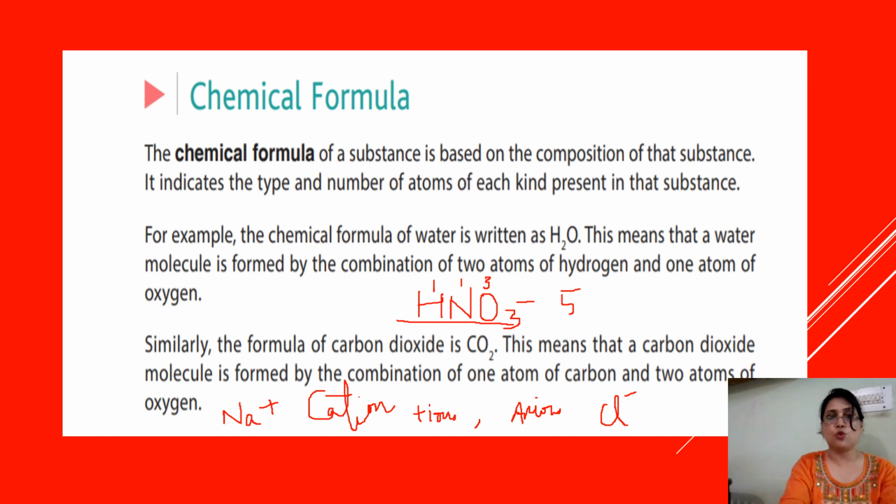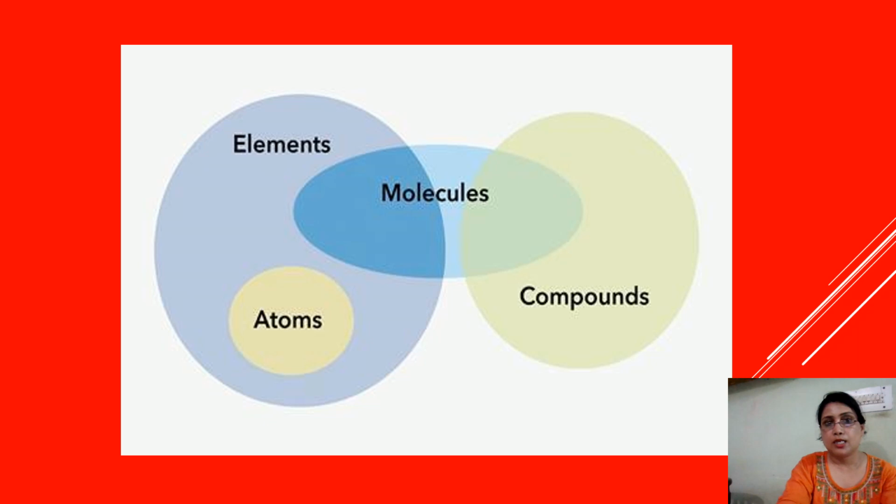You will get to know how these positively charged cations or negatively charged anions are formed. It is all about atomic configuration. Okay, atomic configuration we will study. So this is the Venn diagram, that molecules can be elements, can be compounds.